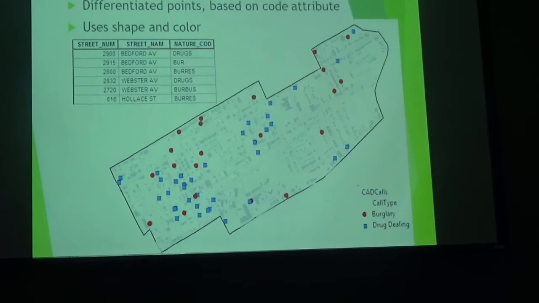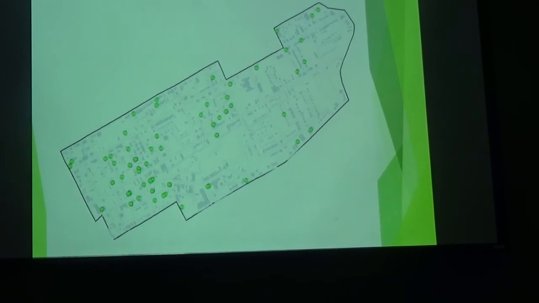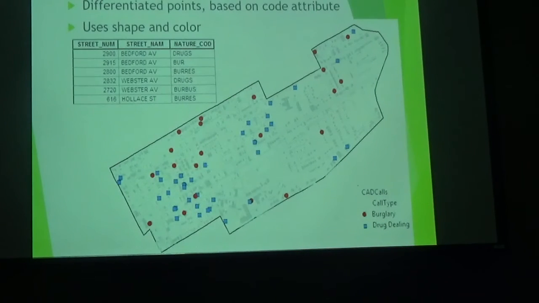Where are my burglaries and where's my drug dealing happening? So between this, oh, I have a crime-infested neighborhood, versus this, I have some really serious issues with drug dealing in one corner, and in the other corner I have burglaries all the time. Oh, we're not there yet. So again, differentiated points based on the code attribute.